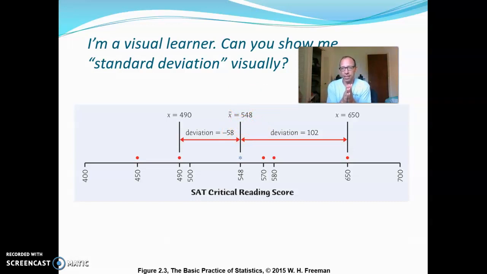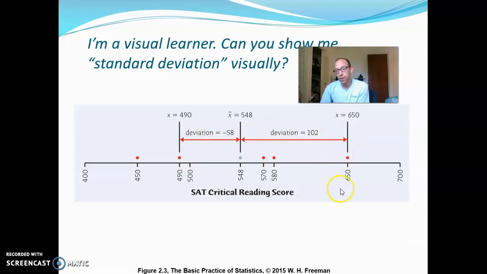But then what's the standard deviation? Well, what's deviation? Before we get to standard, deviation just means how far away from normal, or the average, is something. If we look at this particular score, that was 490, and the average is 548. So if we subtract those two numbers, we get that the deviation was negative 58, that this particular score was 58 points away from the average.